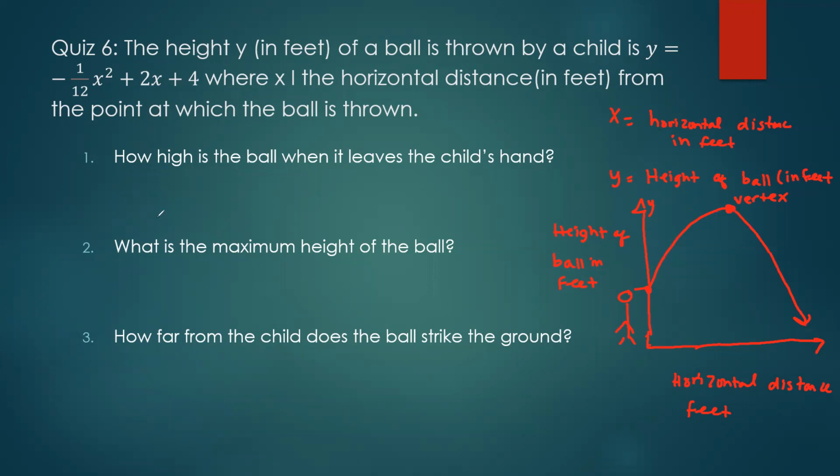You simply plug in 0 into the function: negative 1/12 times 0 squared plus 2 times 0 plus 4, which is 4. So the starting position is 4 feet, which is pretty much the child's height.